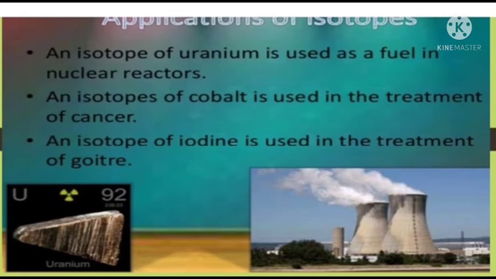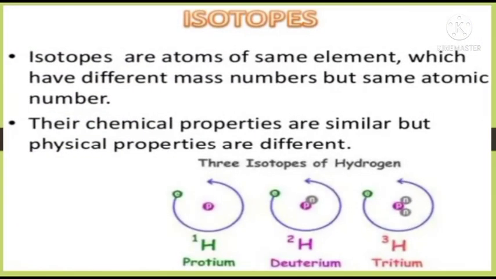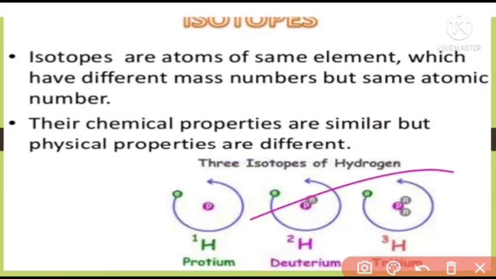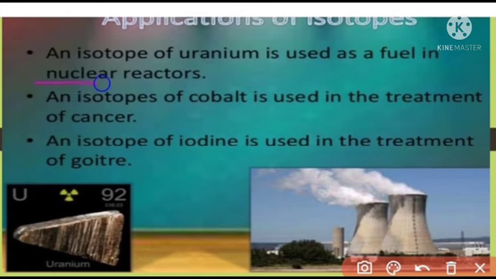Some of the isotope applications are given here. An isotope of uranium is used as fuel in nuclear reactors, in electrical power plants, in the power industry.